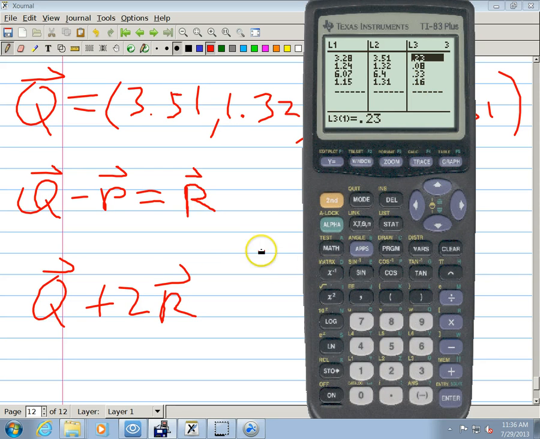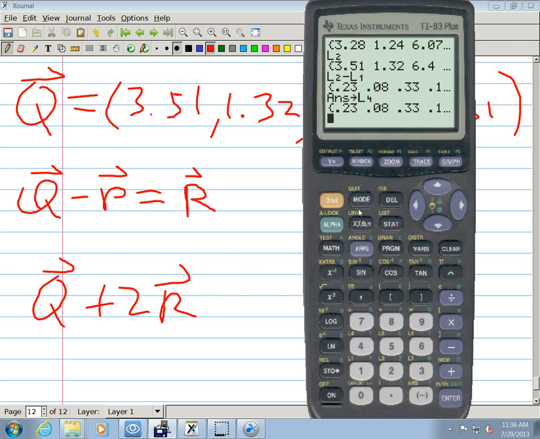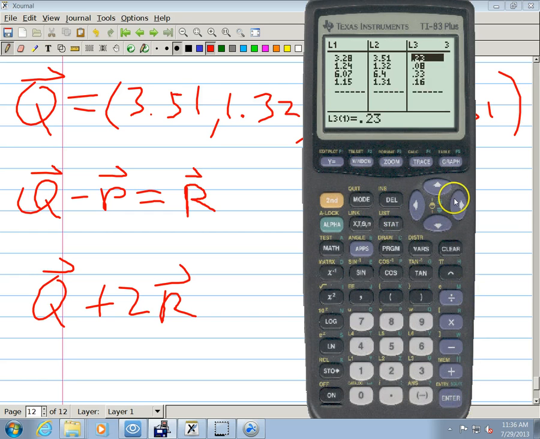What do you think L2 plus 2 L3s is going to be? Let's make that L4. Let's take L2 plus 2 times L3, and let's store that as L4. And now let's do stat edit and take a look at the result.